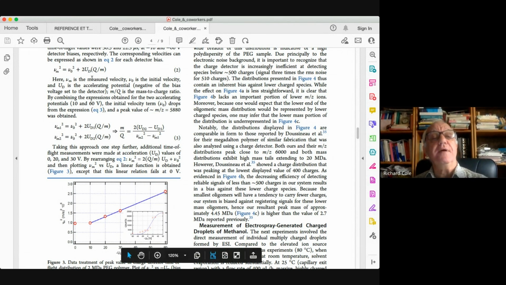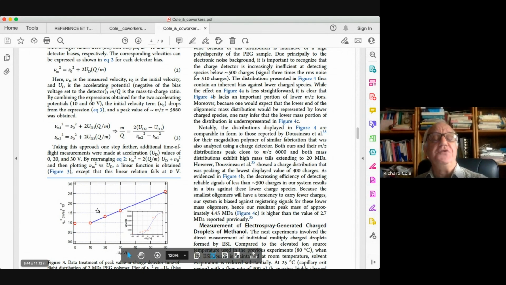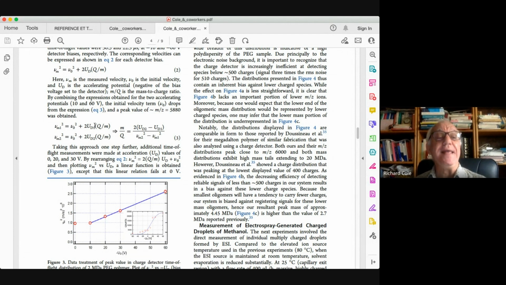So what's that going to do for us? Well, from this plot, the slope is going to be equal to 2 times Q over M. So from the slope, we're going to be able to evaluate mass to charge, and this V naught squared is going to be our intercept.